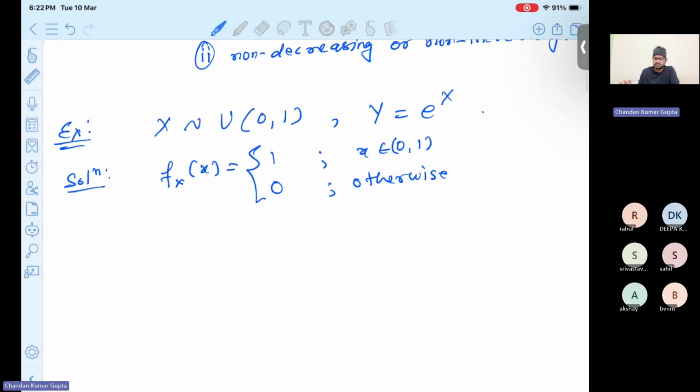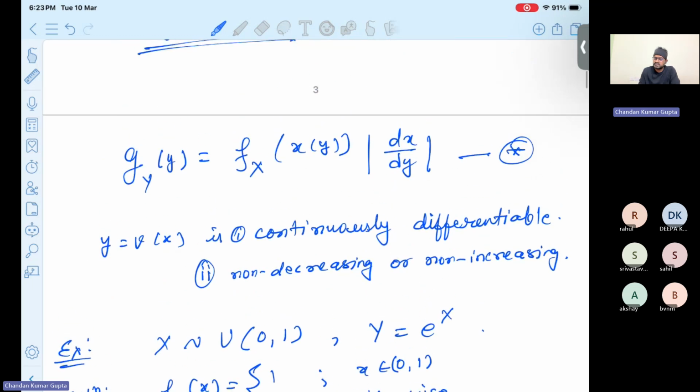We know that e to the power x is continuously differentiable, that means its derivative is continuous as well, and it is non-decreasing, so both conditions are satisfied. Remember, in the interval 0 to 1, because the support of x is 0 to 1, e to the power x is non-decreasing. So we can directly apply the star formula to find the PDF of y.